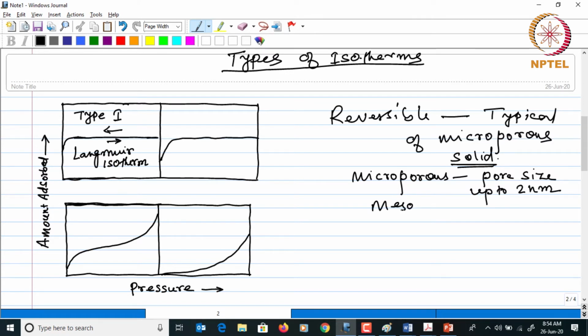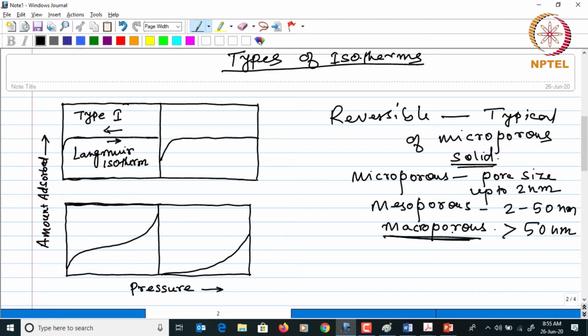If the pore size is from 2 to 50 nanometer, that is known as mesoporous. And when the pore size is more than 50 nanometer, that is known as a macroporous solid. Okay, so this is how the solid surface can be categorized based upon the size of the pores.